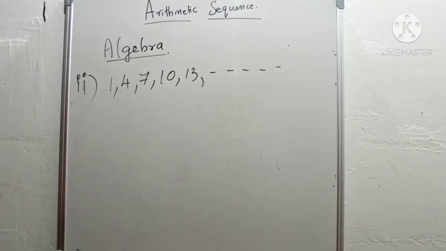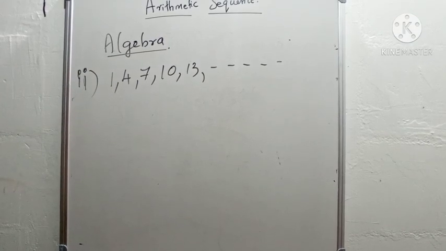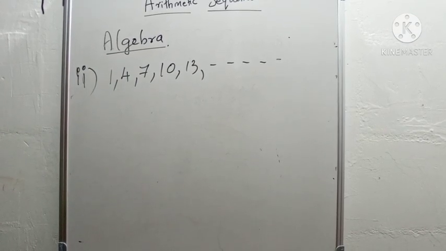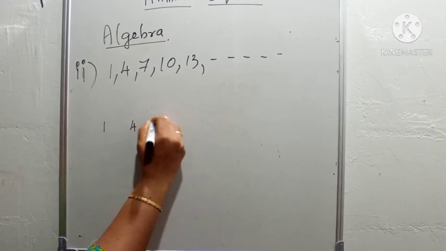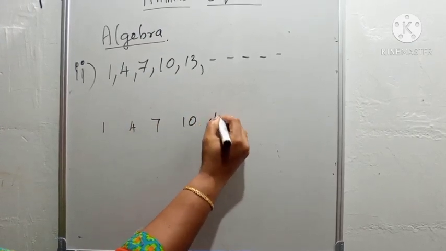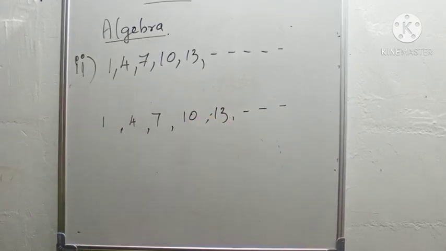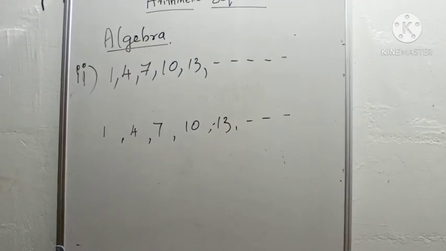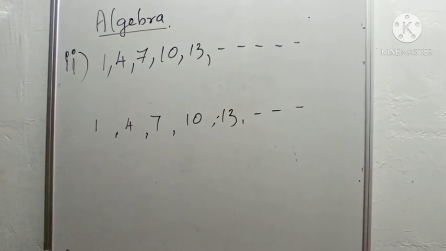Now we are going to write the algebra of this sequence. So 1, 4, 7, 10, 13, etc. are the numbers. Now we are going to find the relation between the position and the terms of this sequence.